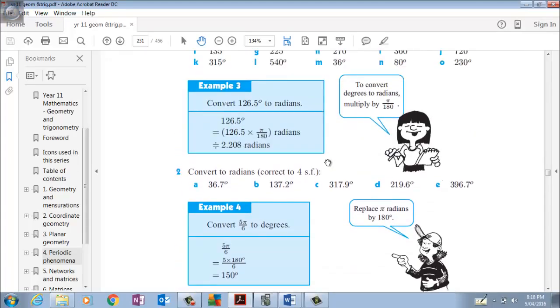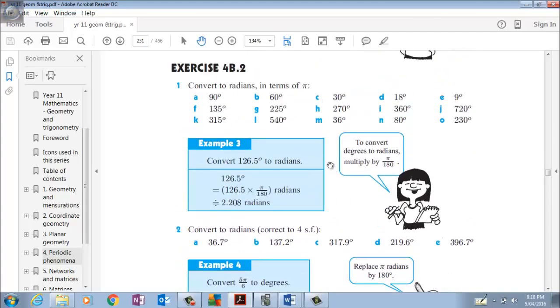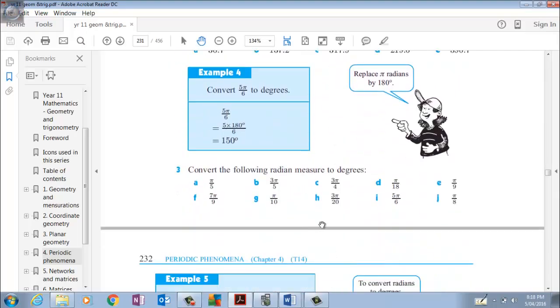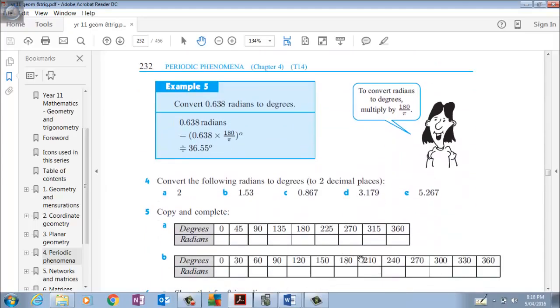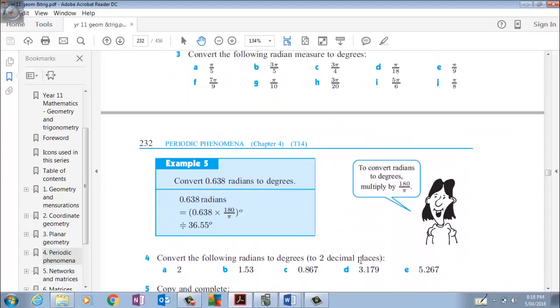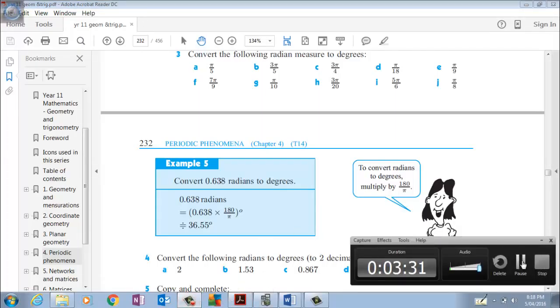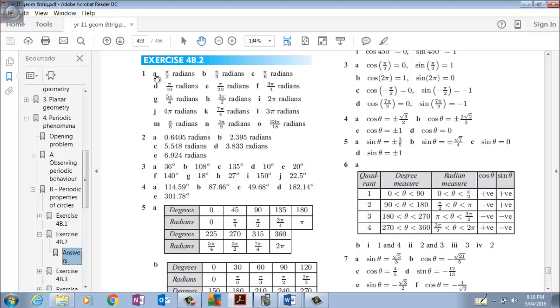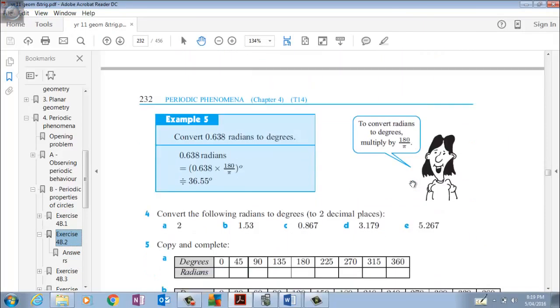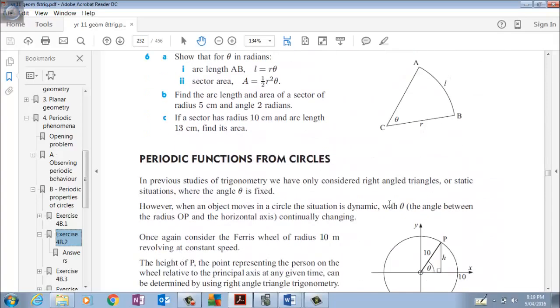If you wanted to practice that, I think it's pretty straightforward, but if you wanted to practice that, you could pause this, try some of those questions there. 1, 2, 3, 4, and if you come back and just have a look at the solutions. And here's the solutions here for 1, 2, 3 and 4.